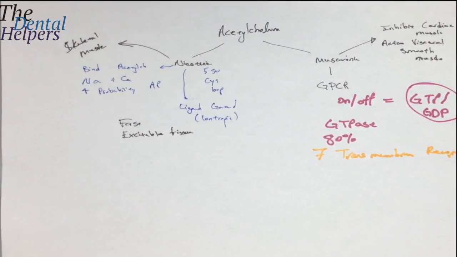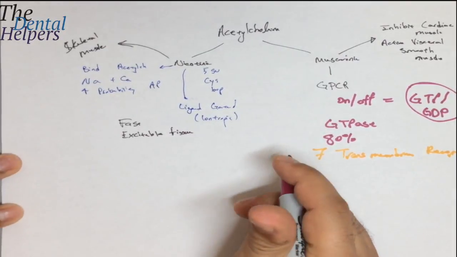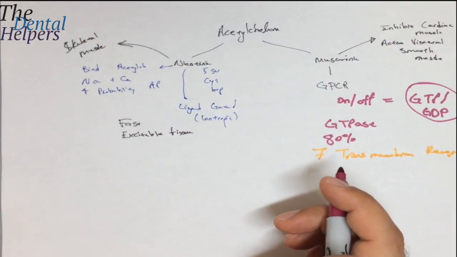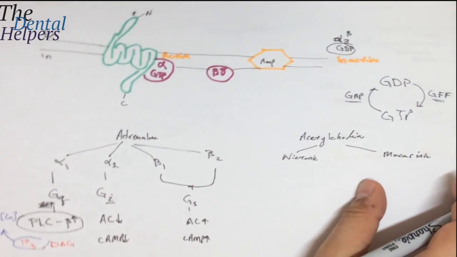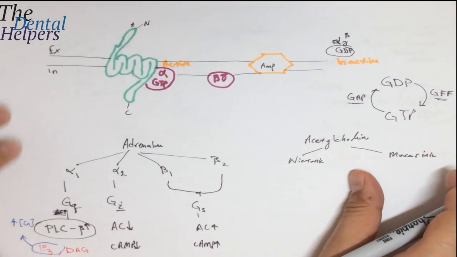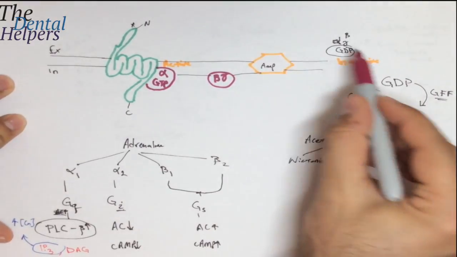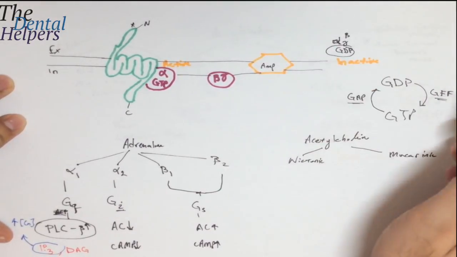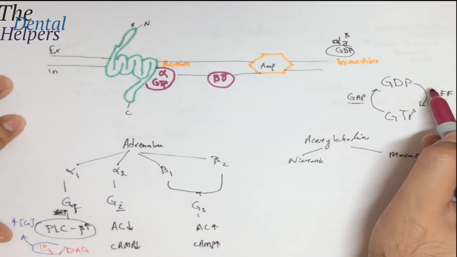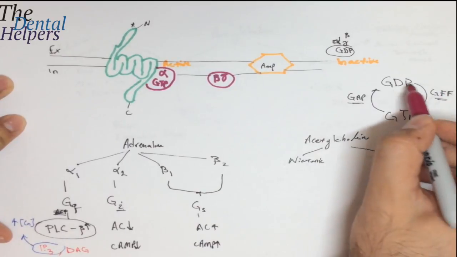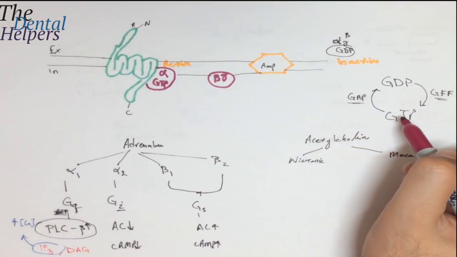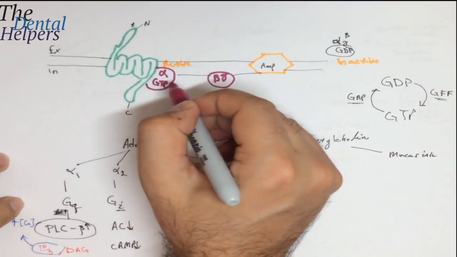So basically what happens is, if we were to look back at our image before, the first step that's going to happen is we're going to be GDP bound. And what will happen is GEF will convert to the GTP state, giving us this state right here.